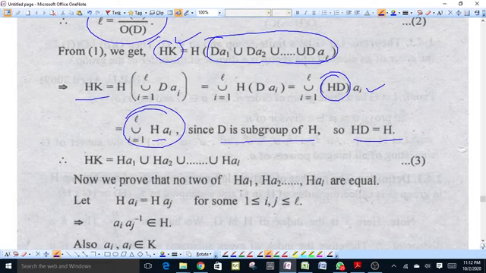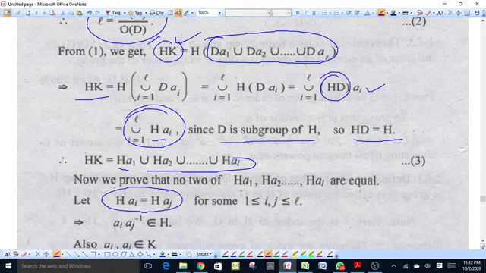Therefore, HK is equal to Ha1 union Ha2 union ... Hal. Now we prove that no two right cosets of H are equal. Suppose that Hai is equal to Haj.